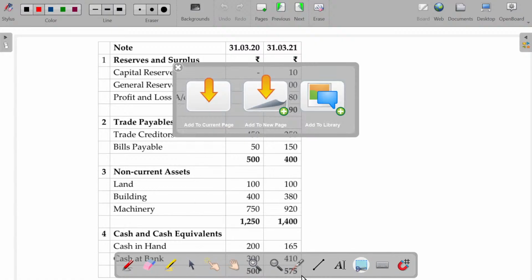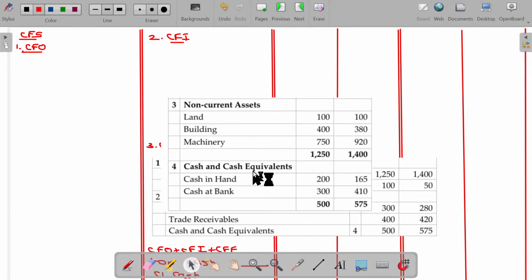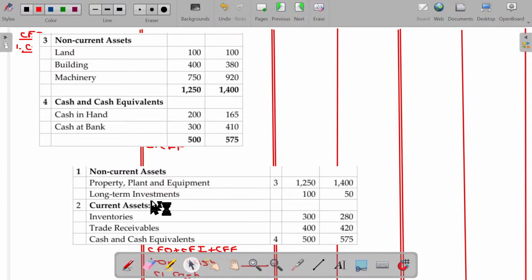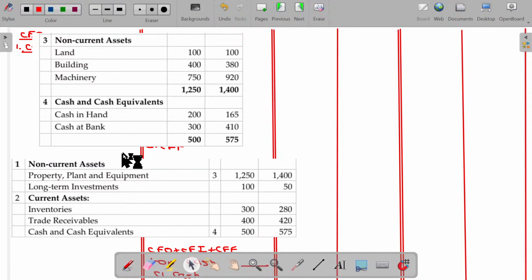What can we do? We can open all the ledger accounts. If there are no adjustments for any of the assets, you simply see the differences and post them in the cash flow statement. Else you can safeguard yourself by preparing all the ledger accounts.